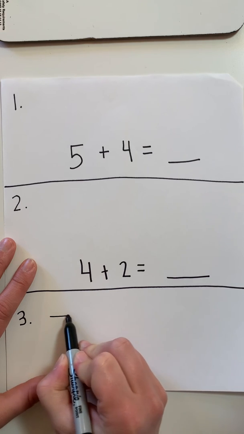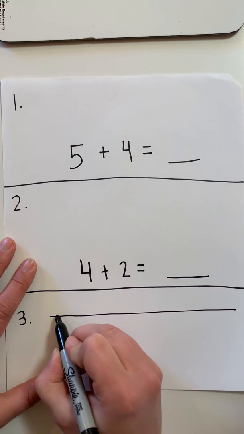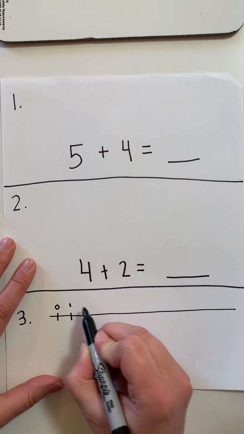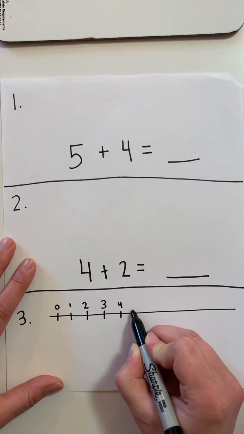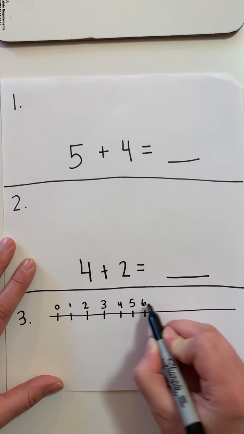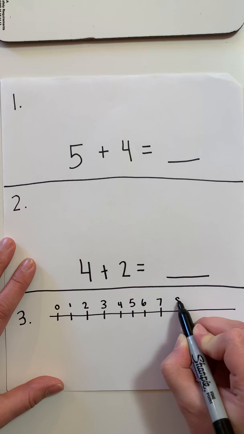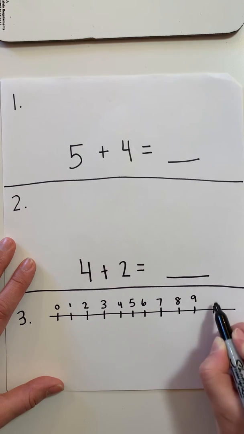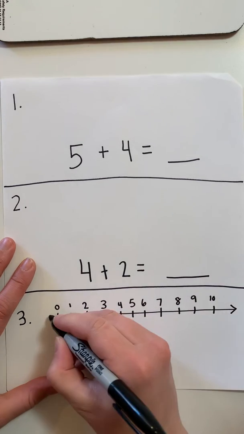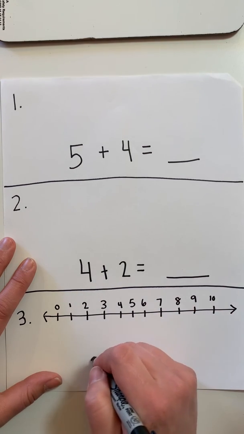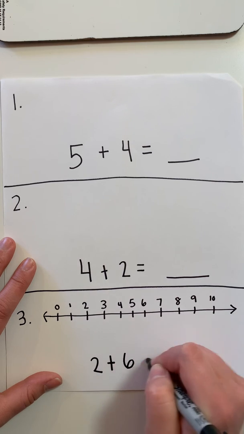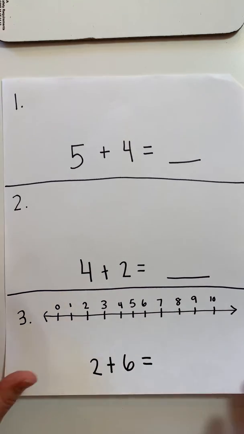So first, draw your number line, starting at 0, 1, 2, 3, 4, 5, 6, 7, 8, 9, and 10. Okay, then you're going to do the problem 2 plus 6 equals. So that is what your paper should look like. Then you will answer those problems.